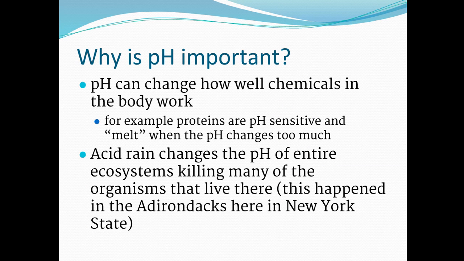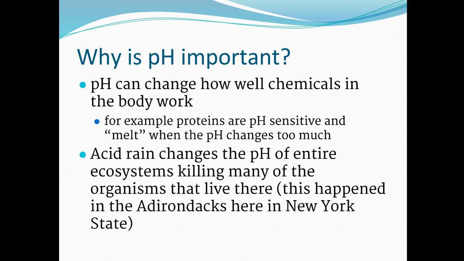If the pH changes too much, proteins can actually denature or melt. And once that happens, they don't work anymore. So you see how the problem would be there if we have a very strong acid or very strong base introduced into the human body. It's going to start breaking down all the proteins that you have. And you're not going to survive very well without those.